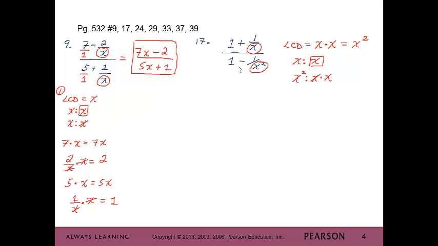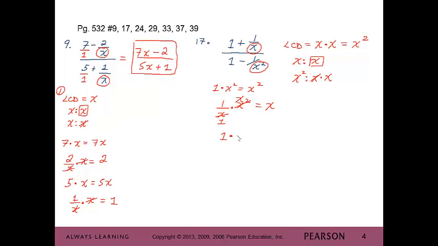So now we're going to multiply each term in both the numerator and the denominator by x squared. So 1 times x squared is just x squared. And then 1 over x times x squared. Well, x will cancel out to be 1, and this x squared will cancel out to be x. So 1 times x is just x.